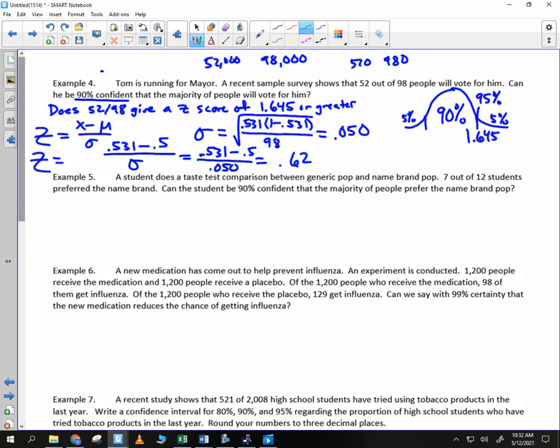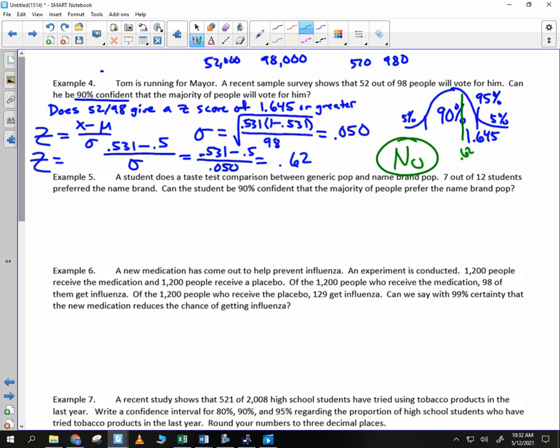Does 0.62 place me to the right of 1.645 or to the left of 1.645? No, he can't be confident enough.